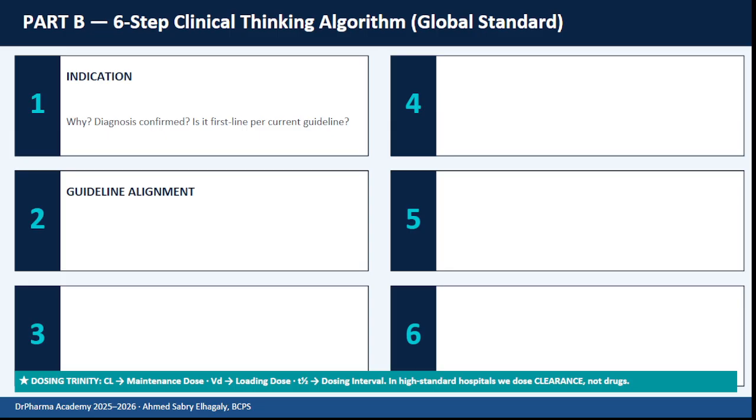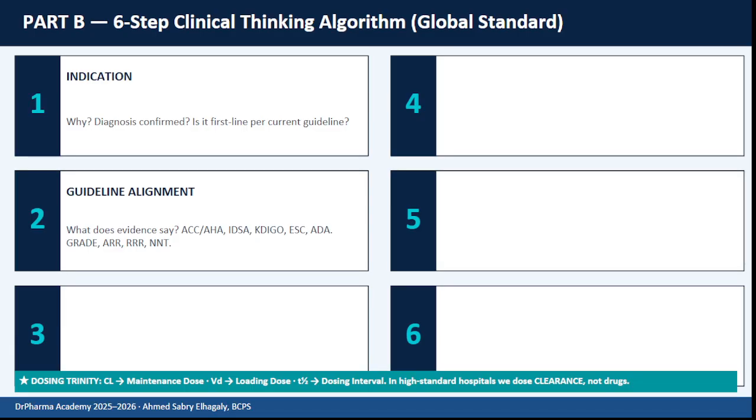Second one, guideline alignment. This is what you told me now. What does the evidence say? If I want to treat a cardiac patient, I need to go to the American College of Cardiology or American Heart Association. If I have an infected patient, I need to follow IDSA, the guideline of infectious disease.